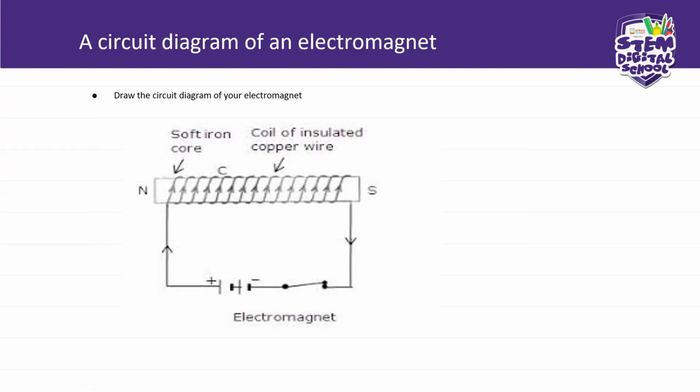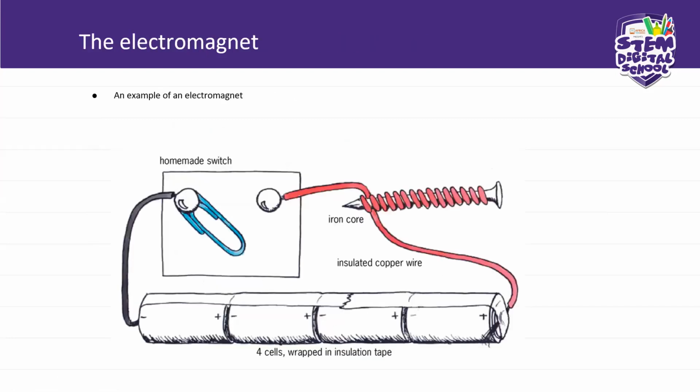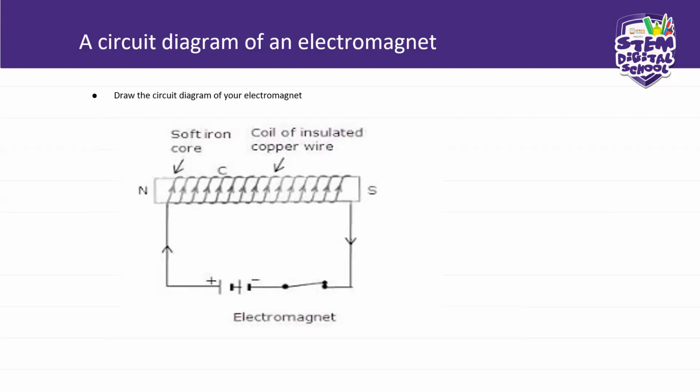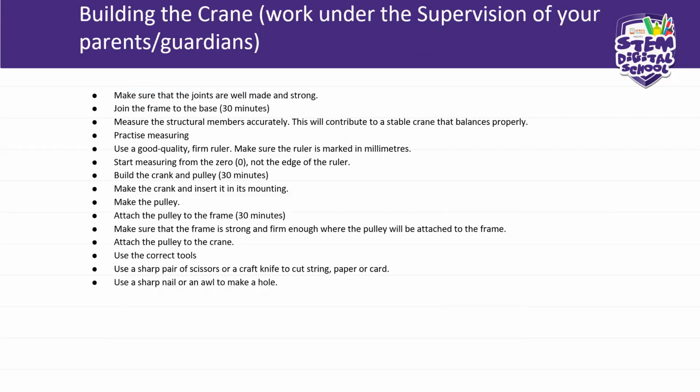And then this electromagnet will be attached to your crane. Right. Now, this is how you build your crane. Make sure that the joints are well made and strong. It doesn't take you long to build this crane when you have all your materials together.